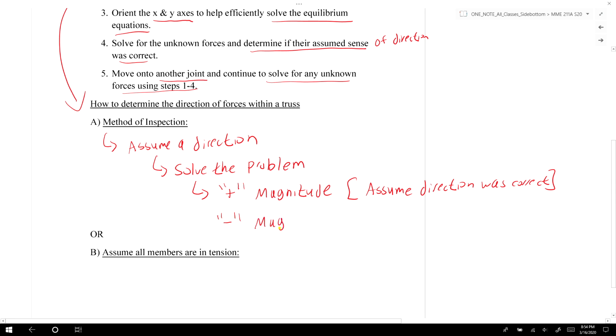If you get a negative magnitude, it's not the wrong answer. All it means is that the direction on your free body diagram was incorrect. Or you can think of it as if you had guessed the member would be in tension, it's actually in compression.